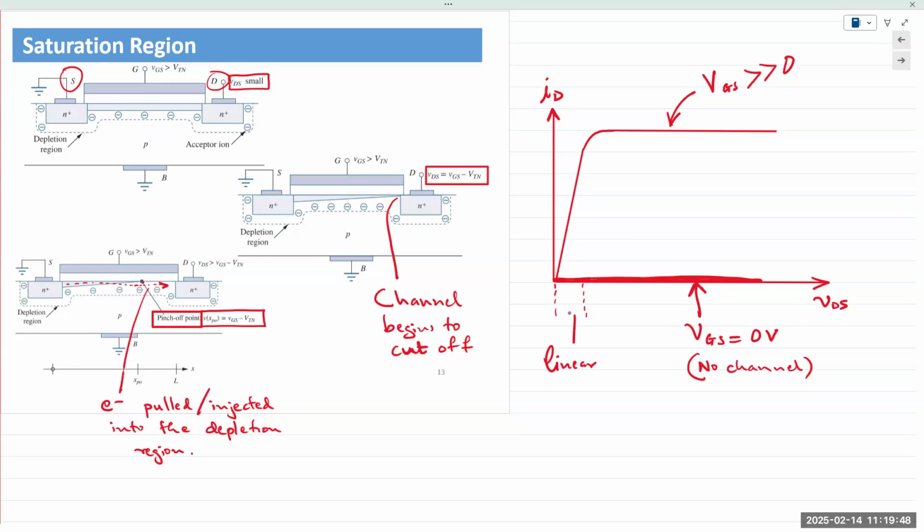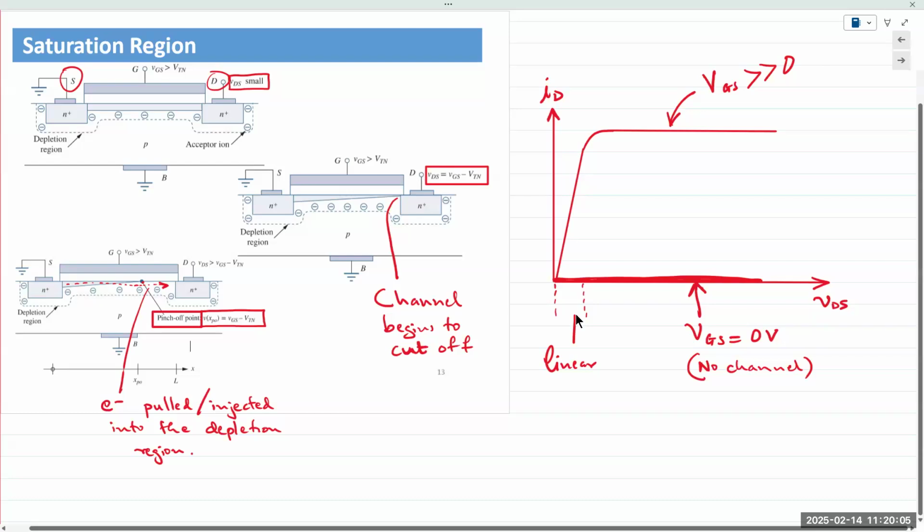By its very definition, it's an enhancement mode device, meaning we have to apply a gate voltage for a channel to be present. So if you say pinch off, then there must be something to pinch off. A channel must exist to be pinched off. If a channel does not exist, there is no pinch off. Does that make sense? Because this is not a depletion mode.